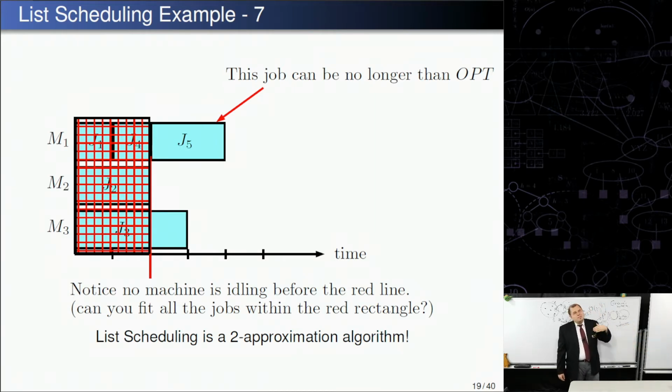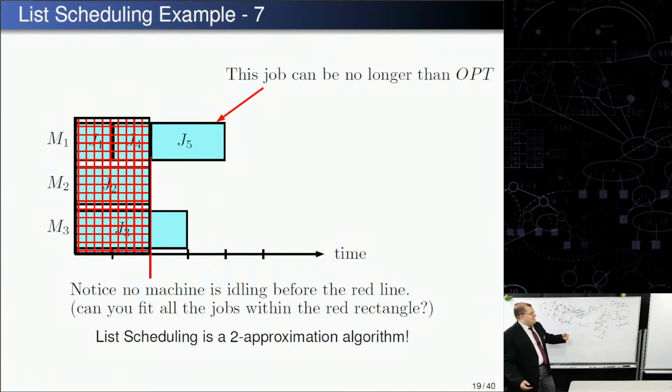But I could have placed a really long job on that machine that took the last job. That job could take a long time, but it can never take longer than the optimal makespan. Why? Because the longest job has to be contained in the schedule itself. So there's no way it could possibly be longer than the optimum.